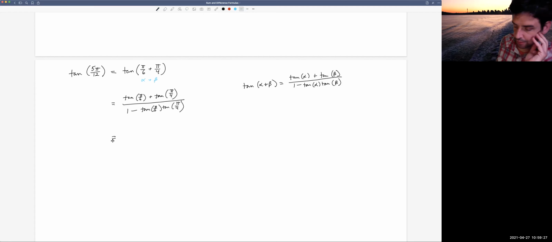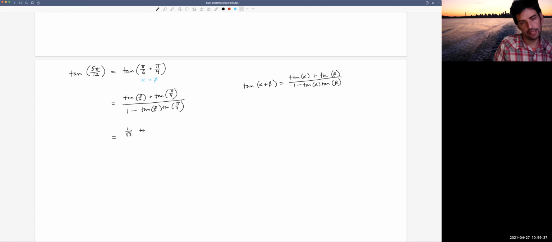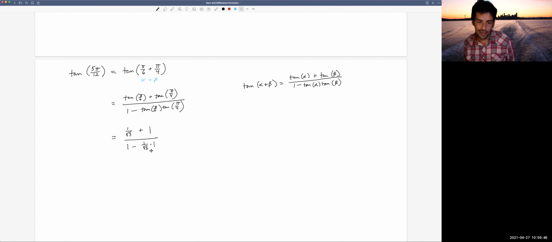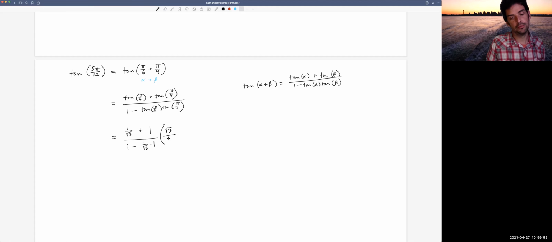So tangent of pi over 6, if you look at your unit circle, I'm just going to write it as 1 over root 3, or root 3 over 3. Tangent of pi over 4 is 1. We get 1 minus 1 over root 3 times 1. This is correct. I don't like how it's written, so I'm going to multiply this whole thing by 1 by multiplying by root 3 over root 3.